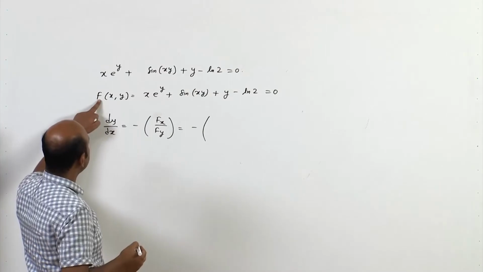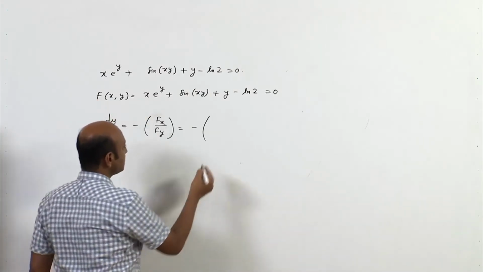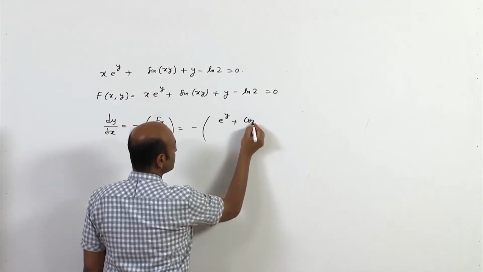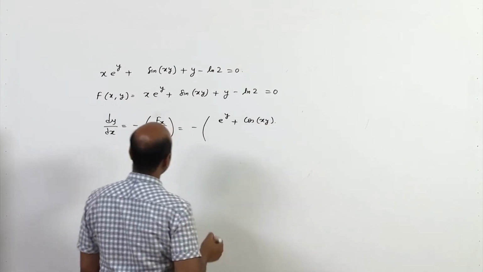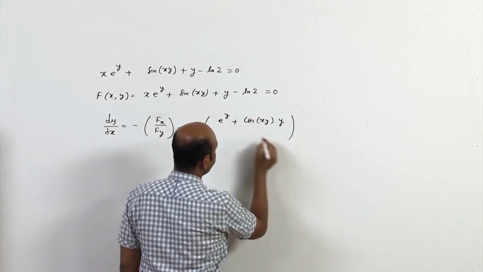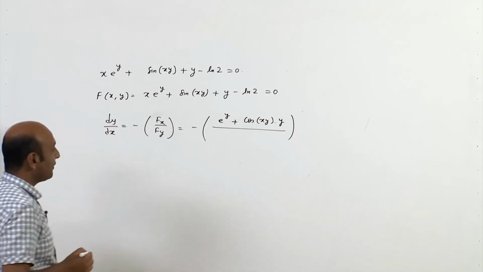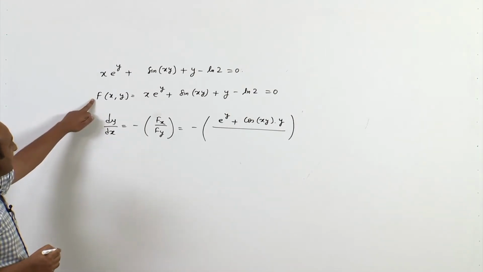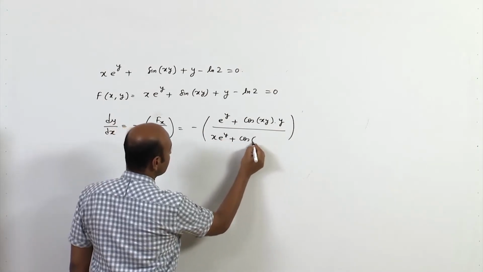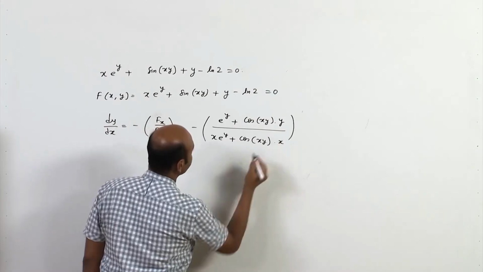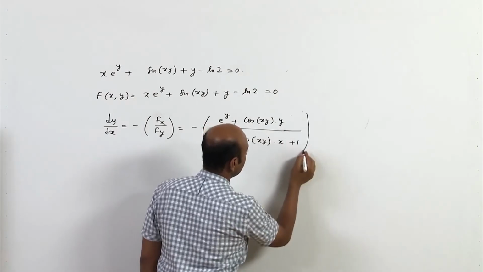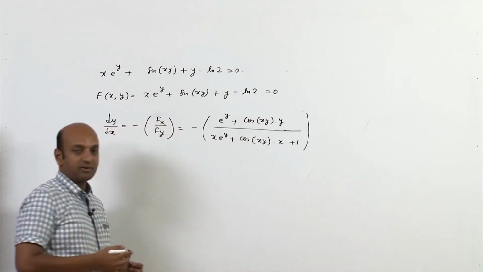Now the partial derivative of f with respect to x is e raised to power y plus cos xy into y plus 0, upon fy. The partial derivative of f with respect to y is x e raised to power y plus cos xy into x, and plus 1, of course, because the partial derivative of y is plus 1.